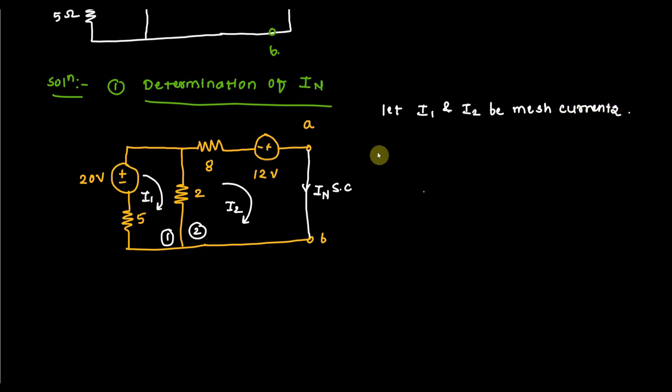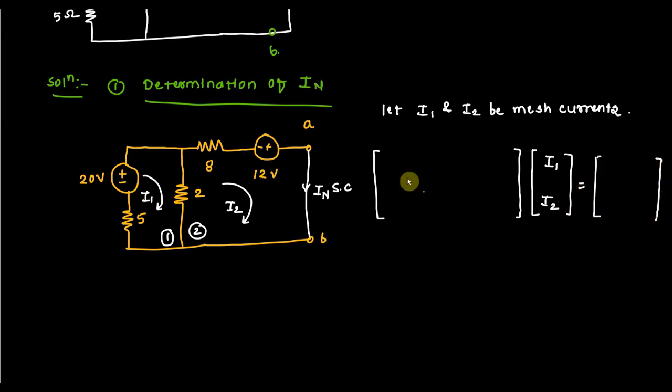So the size of the matrices will be 2 by 2 because there are only two meshes. So this is the impedance matrix. Then here we have the current matrix I1, I2, and here we have the voltage matrix. So we will note down the Z matrix. As there are two meshes, this is the first mesh and this the second mesh.